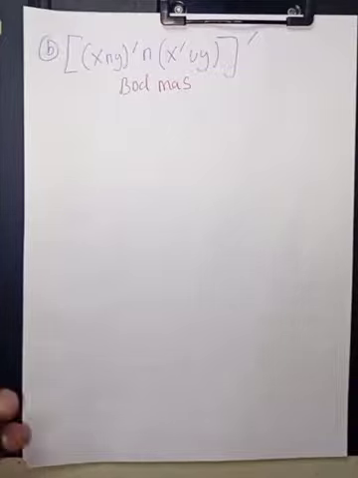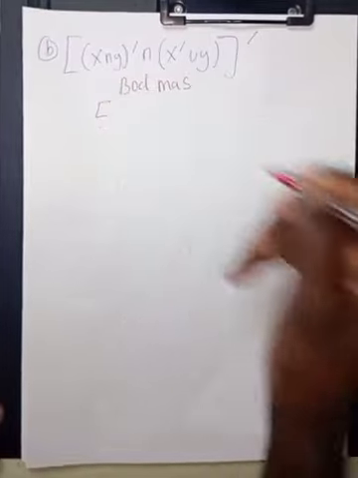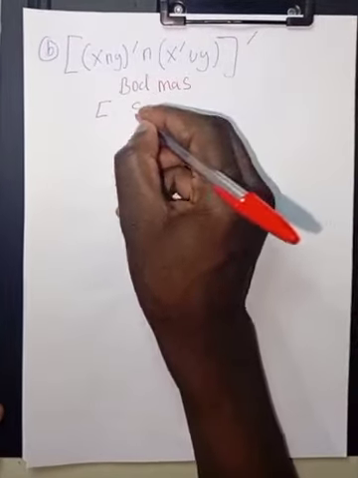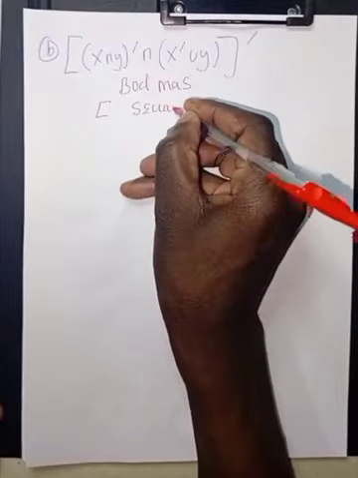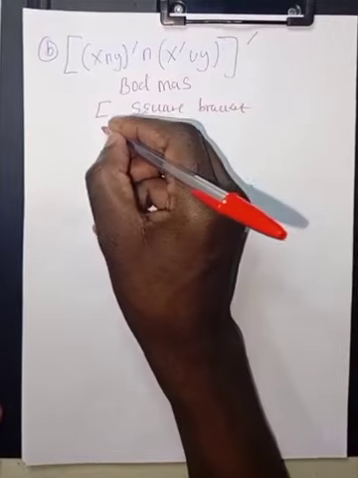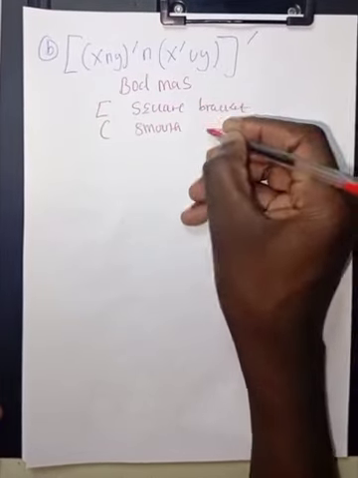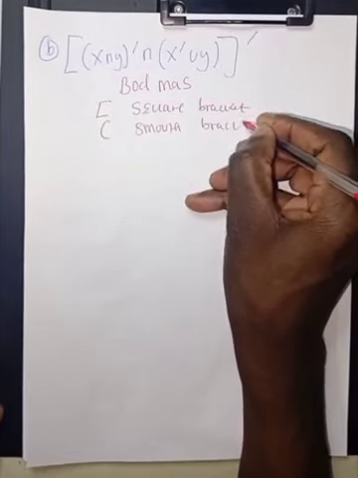So here we have two types of brackets. This one is called a square bracket, and this one is called a smooth bracket.